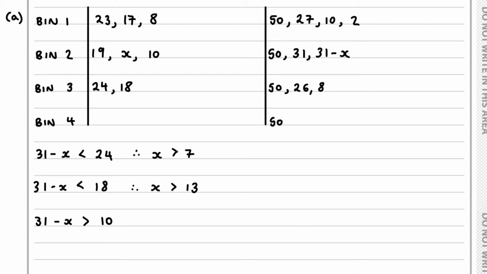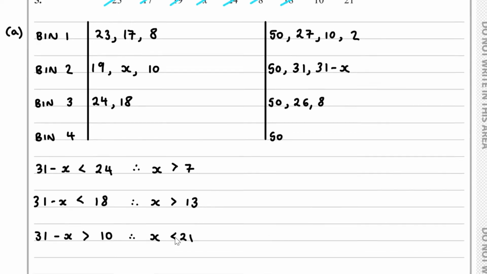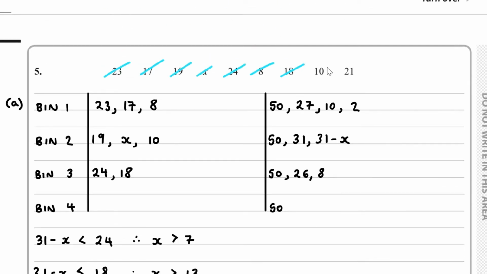And therefore, you'd find x to be less than 21. So that's the 10 dealt with, and finally 21 is placed into bin number 4, leaving a space of 29.